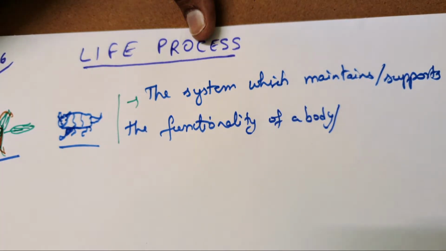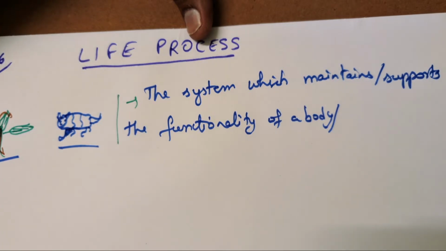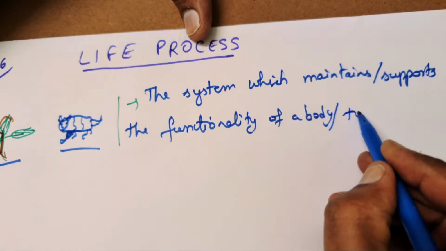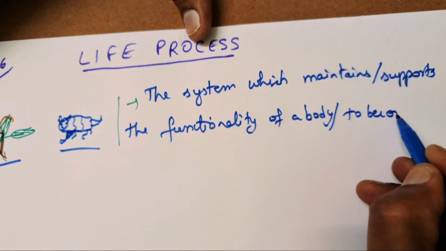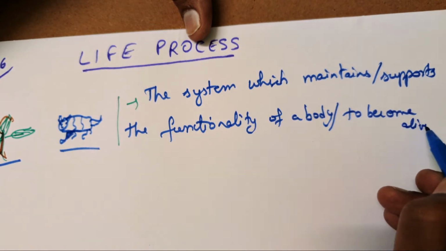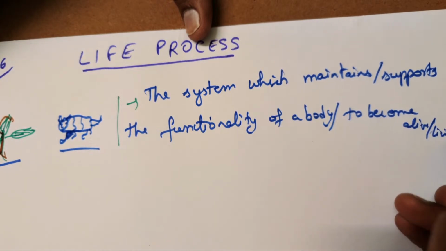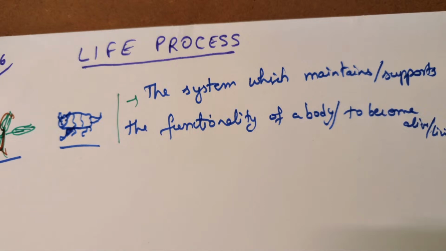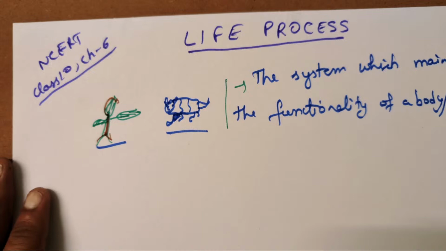The body can be living, I mean humans, animals as well as plants, to become alive or living. In layman's terms, you can say that life process is the system which maintains and supports the function of the body to become alive. So simply, you can see these two examples here.